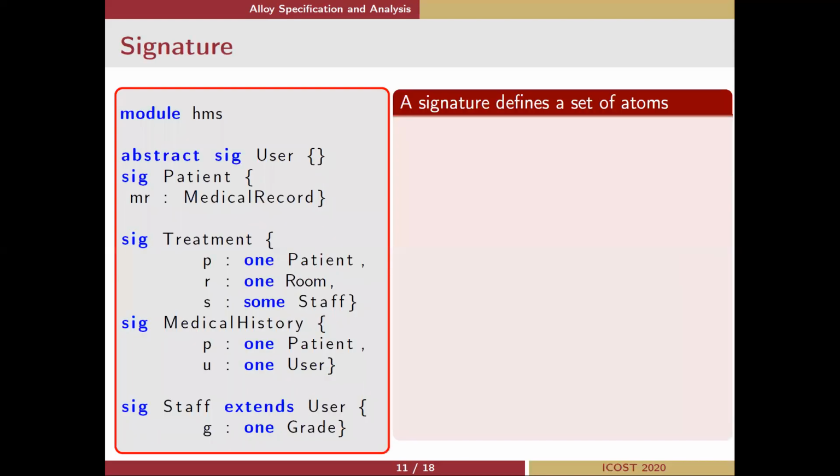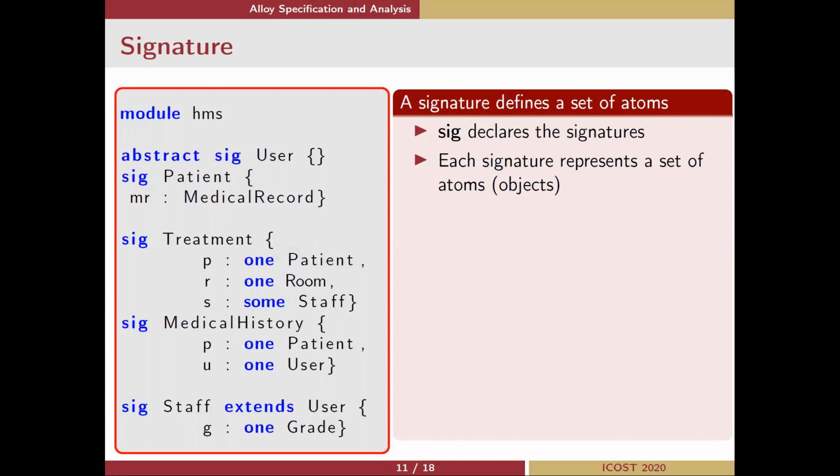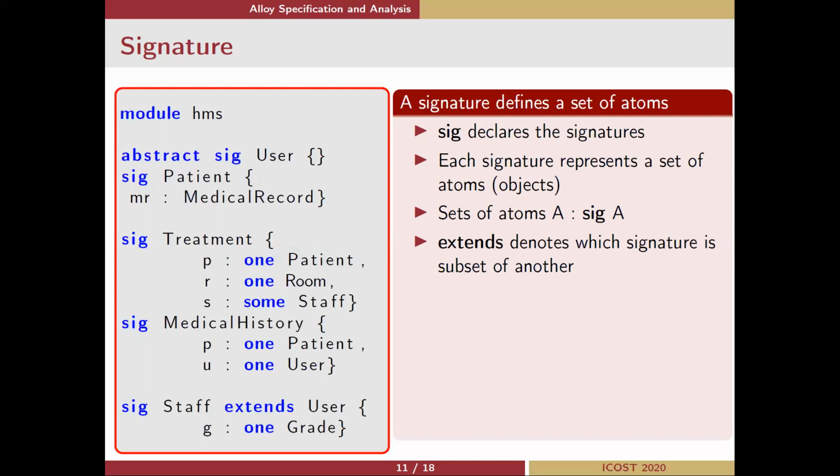The most important term of Alloy is the signature. A signature defines a set of atoms, and sig declares the signature. Each signature represents a set of atoms, and extends denotes which signature is a subset of another.